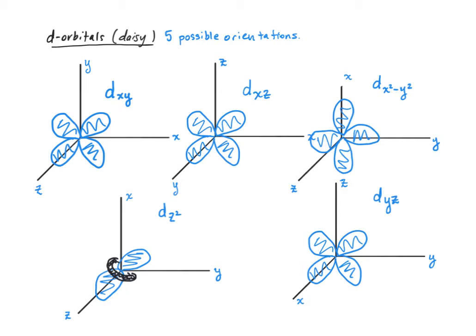All told, these are 5 possible orientations of the d orbital, and, like the other orbitals before, each is capable of housing electrons. I'm not going to bother trying to draw f orbitals because they are just too complex for my poor artistic abilities to be able to even attempt.